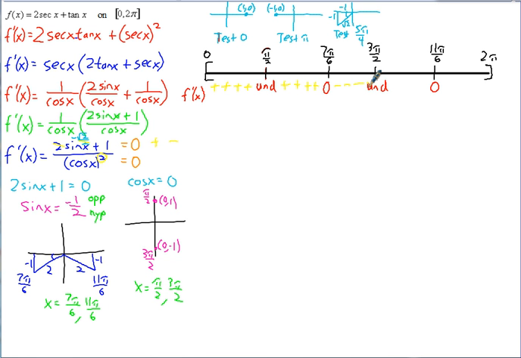And then between 3 pi over 2 and 11 pi over 6, we can also use a similar one. We can use 7 pi over 4. And notice the sine there is also negative 1 over root 2.